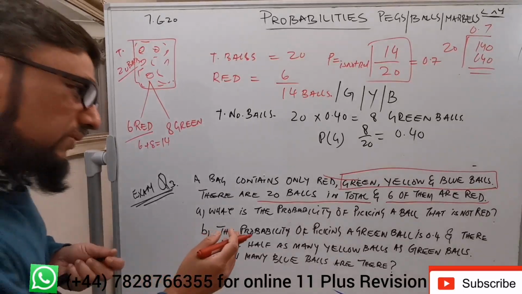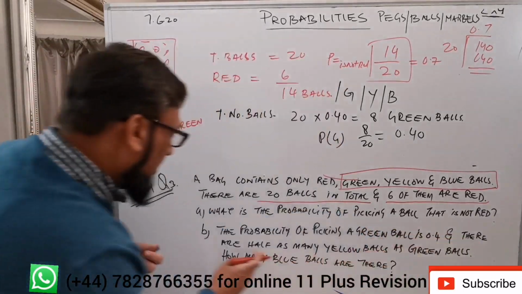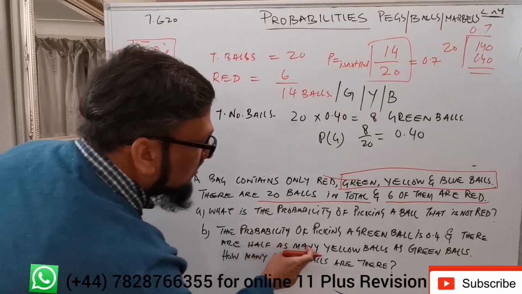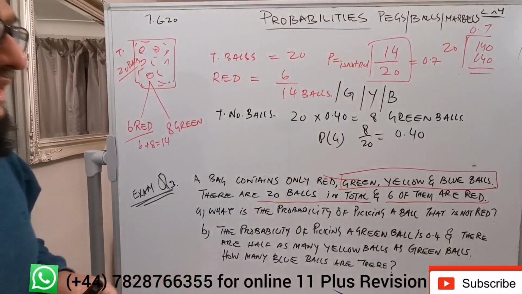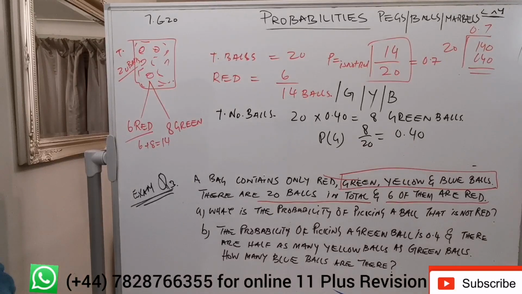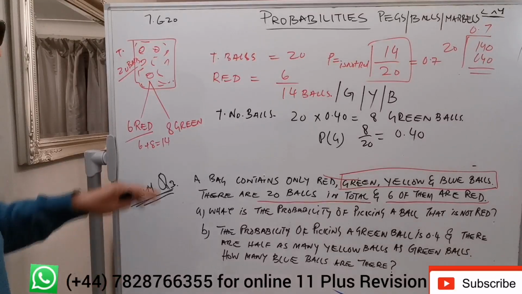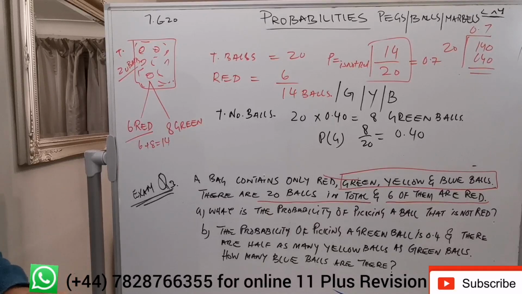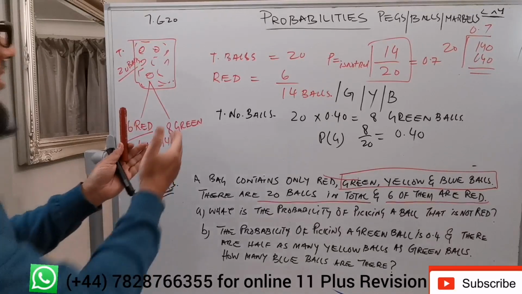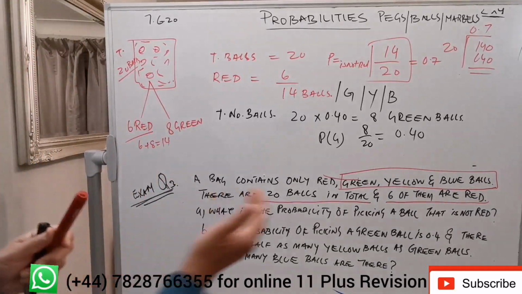So now we further read the question. There are half as many yellow balls as green balls. So yellow balls as green balls, which are half. There are 8 green balls. So half of the green balls are yellow.